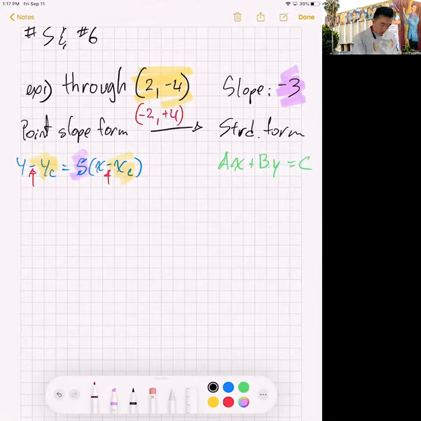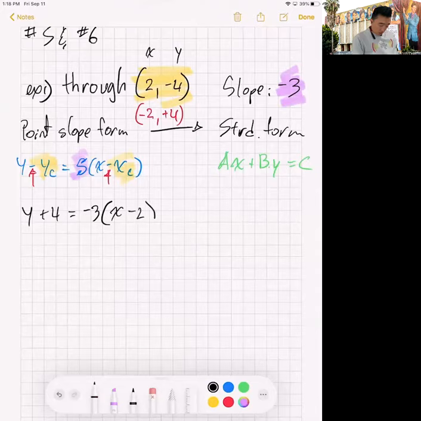And so then you go y plus 4, because that's what y is. A lot of people want to put the 2 thinking it comes first. No, this is the x coordinate and this is the y coordinate. So the y goes there, equals the slope, negative 3, x, and then the negative 2, right? So this right here, positive 4, negative 2.